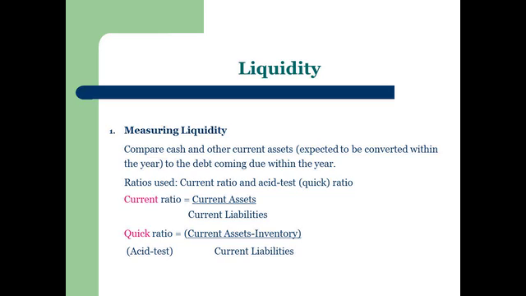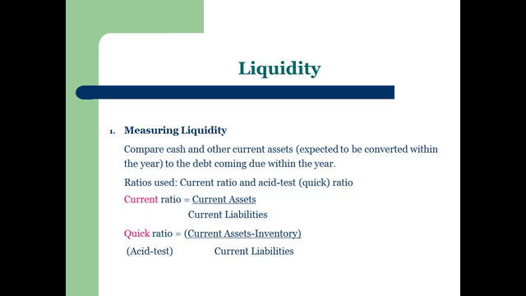Those are known as current assets. So current assets include inventories, receivables, your bank cash, and your cash in hand. All these are current assets, because they can be easily converted into cash in a short period of time. What is the short period of time? We term it as 1 year.